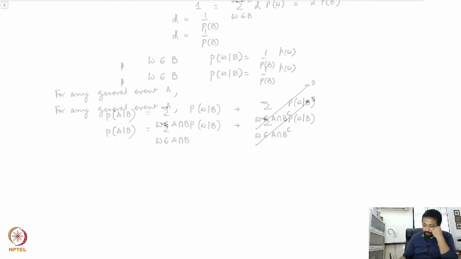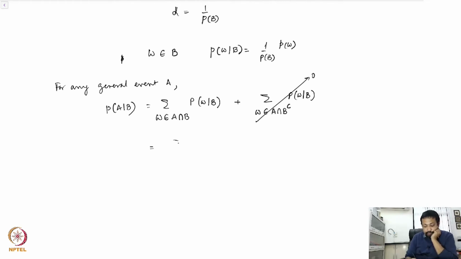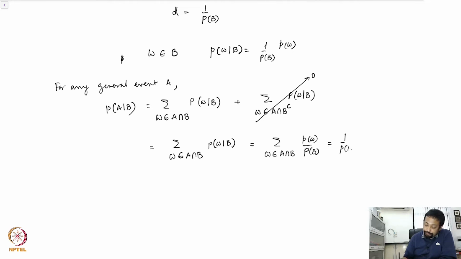So therefore I have the sum over omega belonging to A intersection B of P of omega given B, which is equal to the sum of all the outcomes belonging to the set A intersection B of P of omega divided by P of B, and therefore this is 1 over P of B times P of A intersection B.